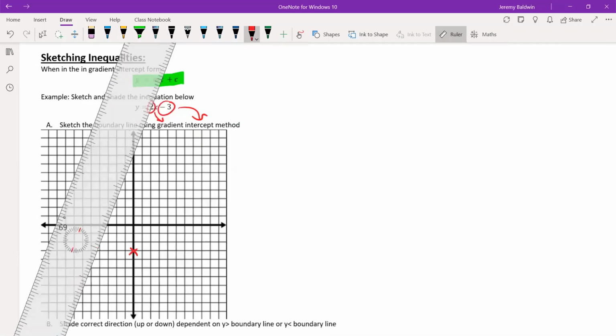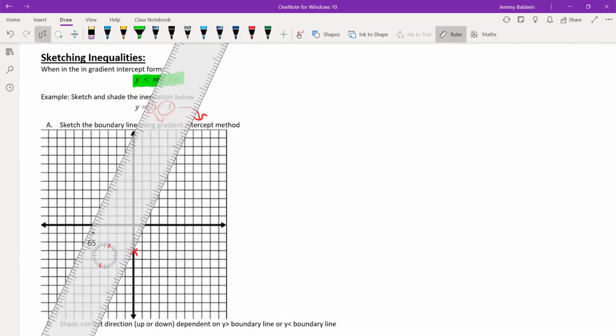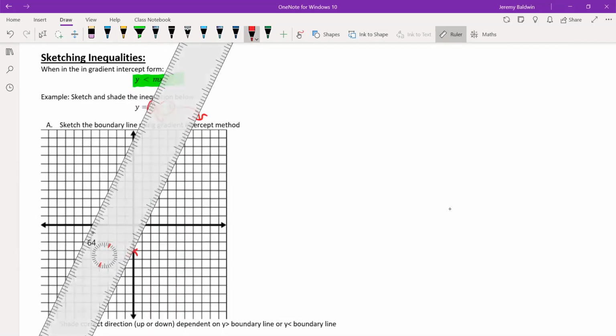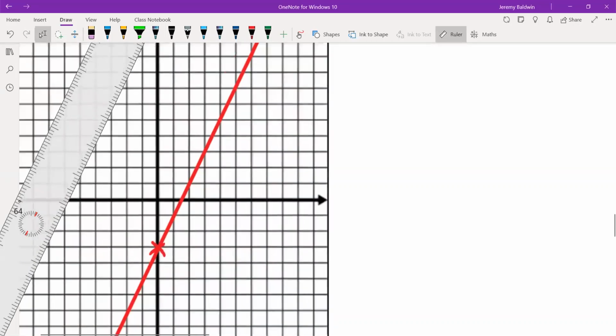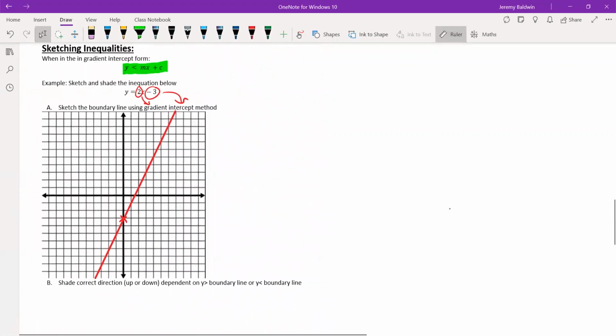If the scale is equal on both axes, that's along 1, up 2, along 1, up 2 every time. Okay, so that's that one.